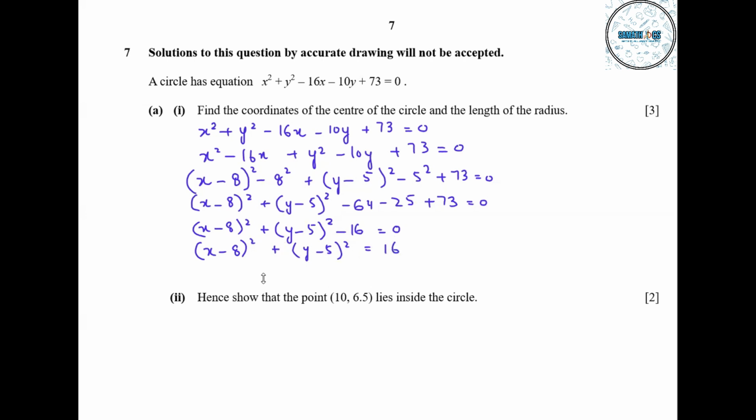So now we can write the coordinates of the center of the circle. 8, 5 are the coordinates of center of the circle. We have general form of the equation as x minus a whole square plus y minus b whole square is equal to r square. So this 16 is basically r square, right? So we have r is equal to 4.